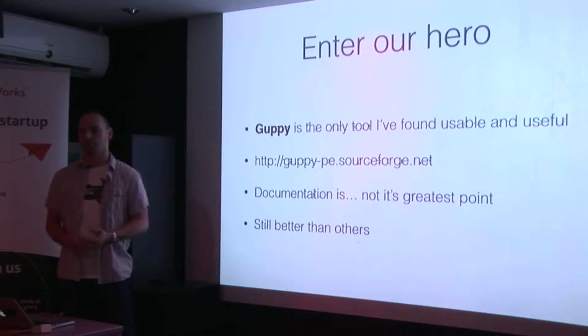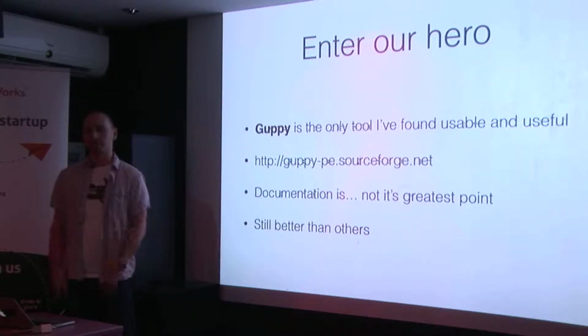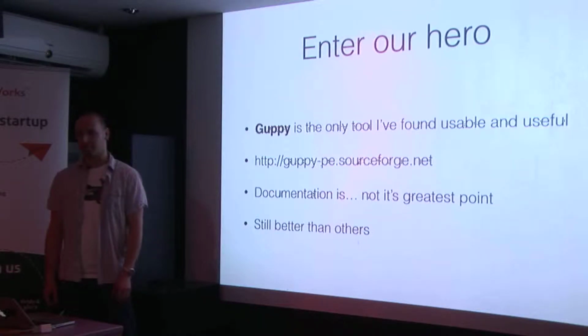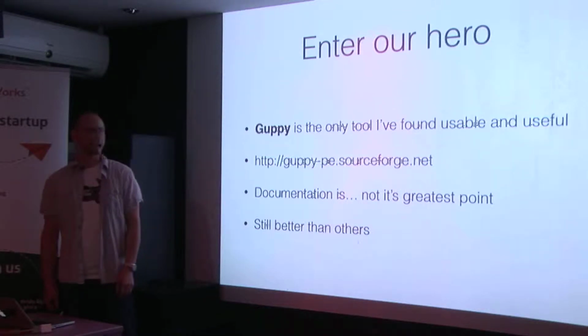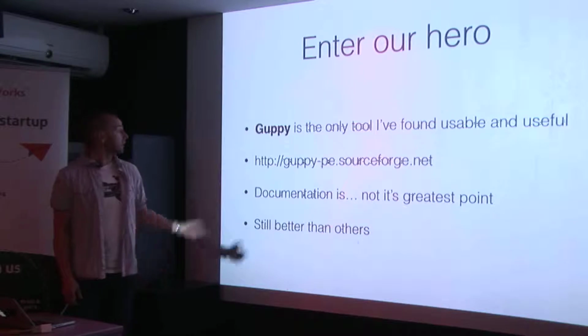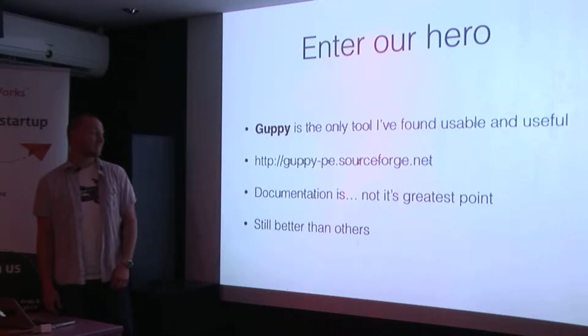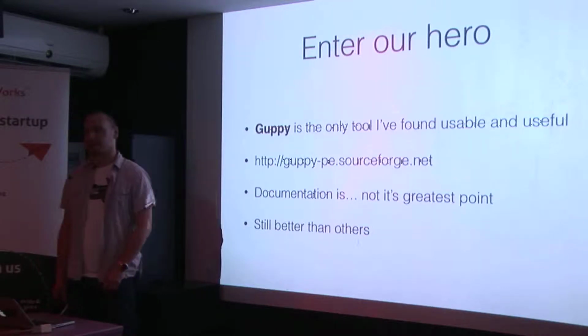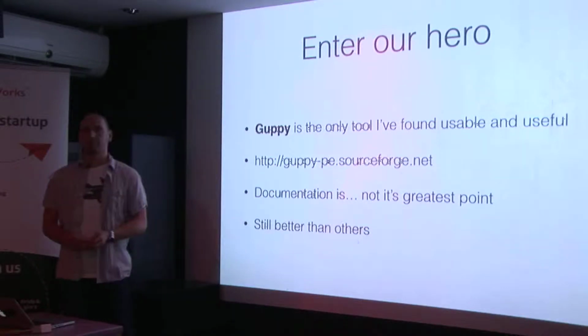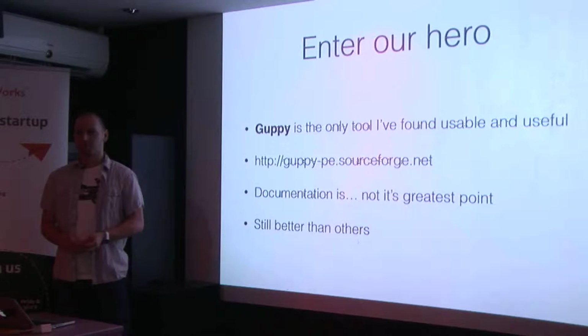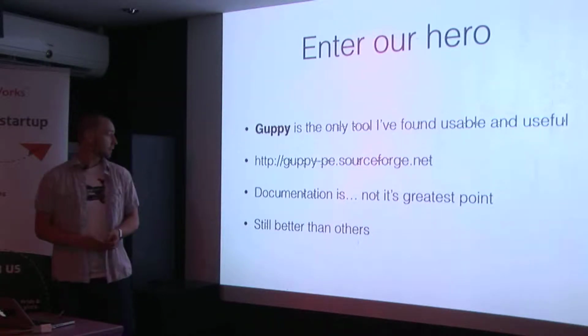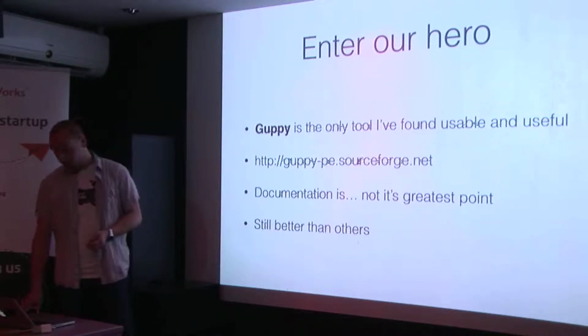But sometimes those are just shortcuts of three letters, and you have no idea what it is, or at least I didn't. It's available on SourceForge. It's open source. As I said, documentation is not the greatest point of this library. But after some staring it down, you can work with it.